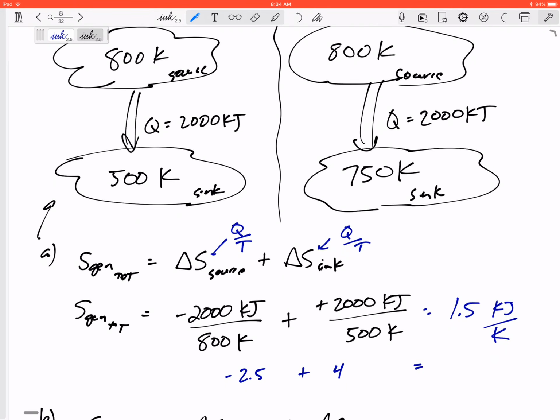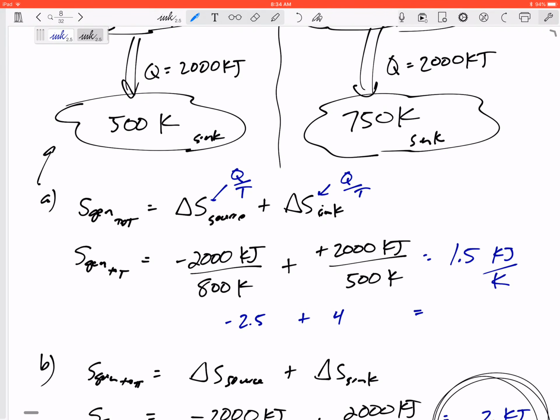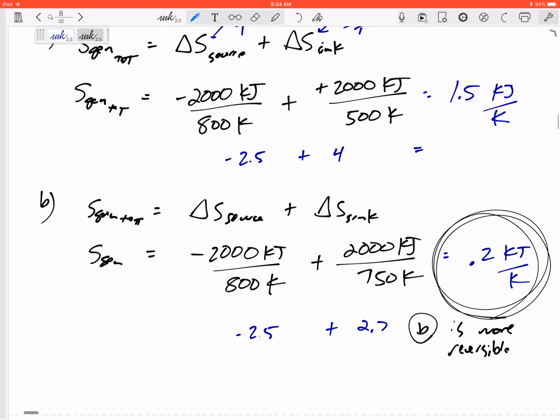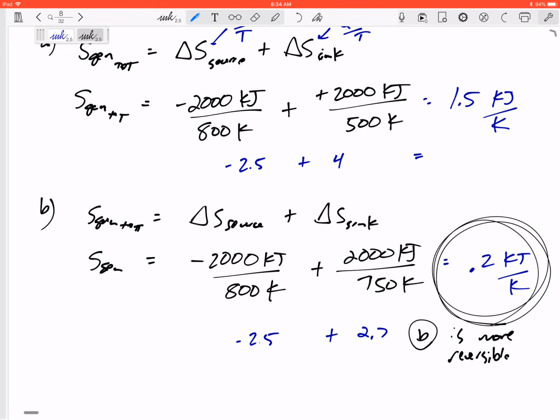So if we could have heat transfer from an 800 Kelvin source to an 800 Kelvin sink, then that would be reversible. That's the whole Carnot principle, is to try to make the temperature change in that heat transfer as small as possible. So we probably already knew that, but now we calculated this by calculating the entropy generation.